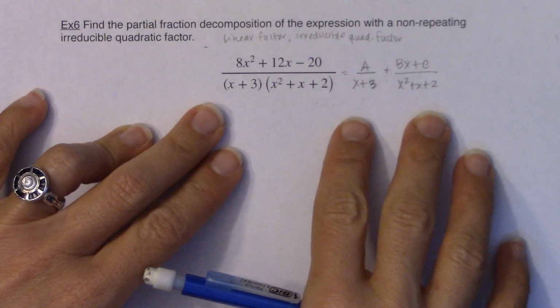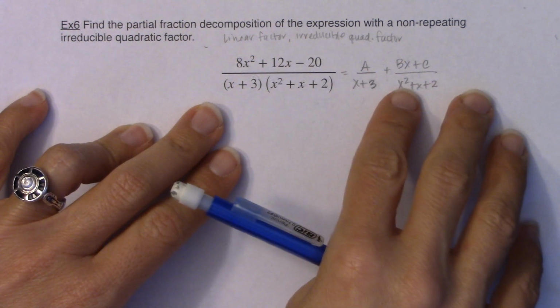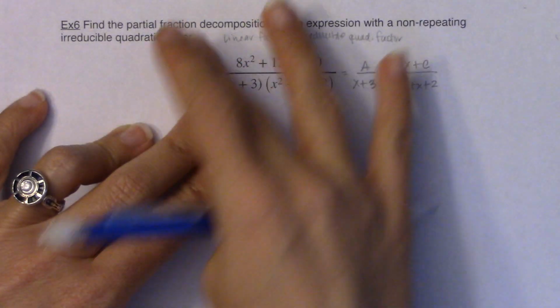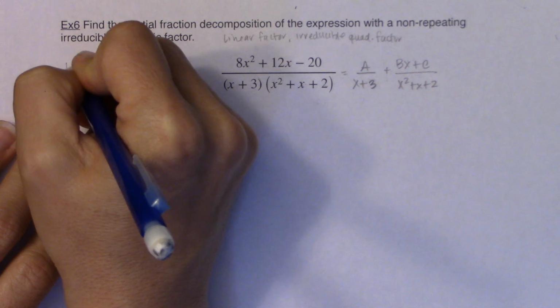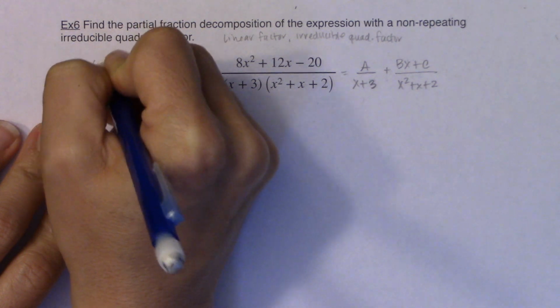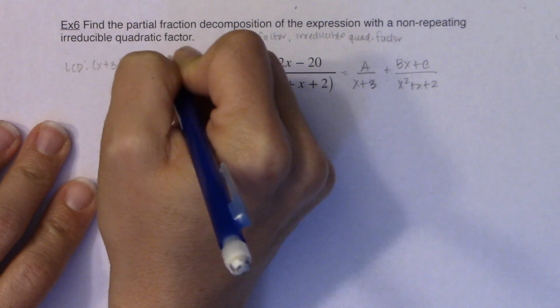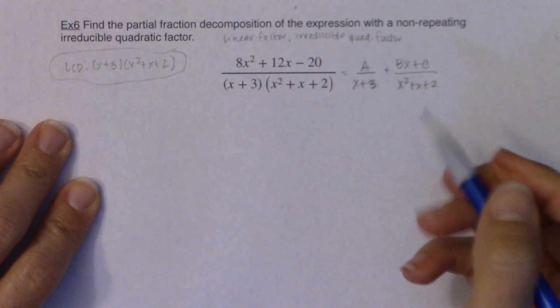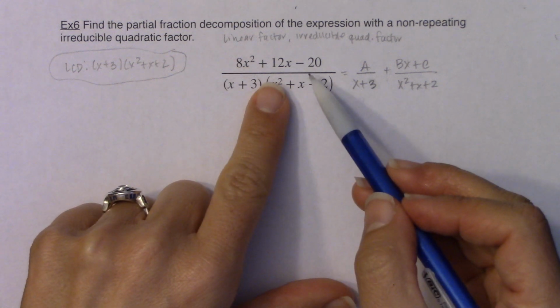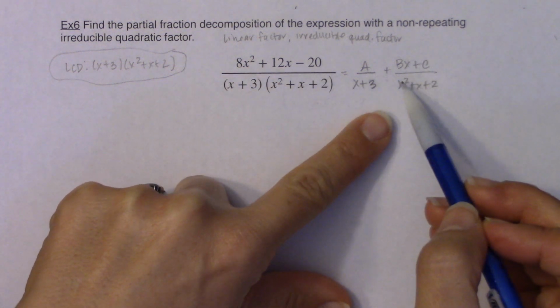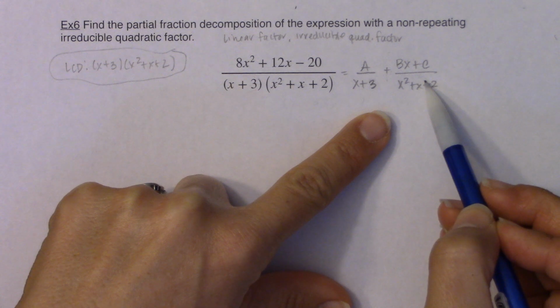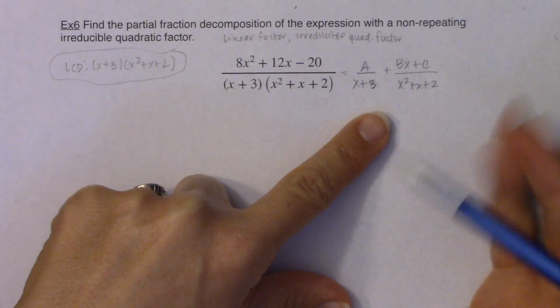Like always, I have this equation with fractions, and I'd like to get rid of the fractions. So I'm going to take the LCD, x plus 3 times x squared plus x plus 2, and multiply it to every single term. Multiply it to the left side of the equation and to the right side of the equation, which means distributing it to both terms and watching for things to cancel.